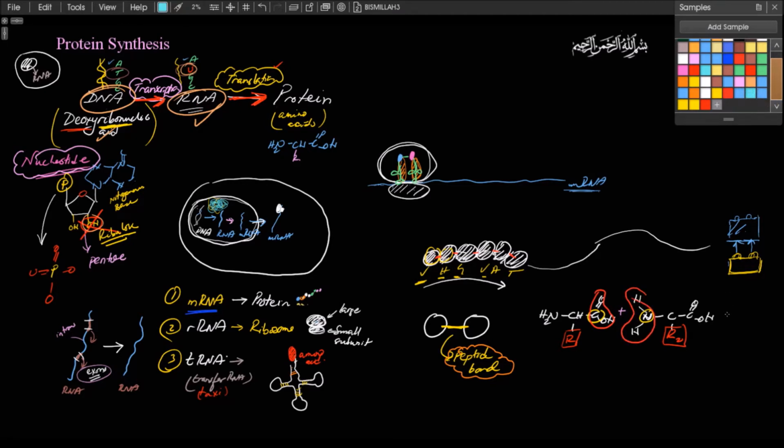The next one, you're going to do the same thing: attach this carboxylic acid group to this nitrogen group. That's how you're going to string together amino acids. So this is a peptide bond, and this is a peptide bond like this. Now, if you just look at these two amino acids over here, I'm going to get rid of the last one over there.